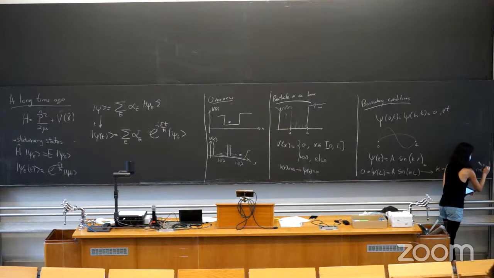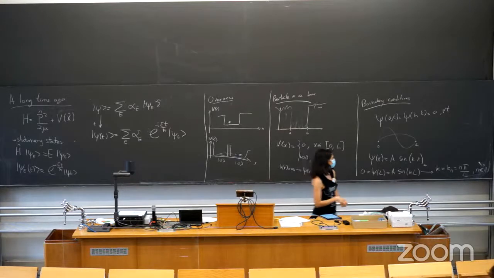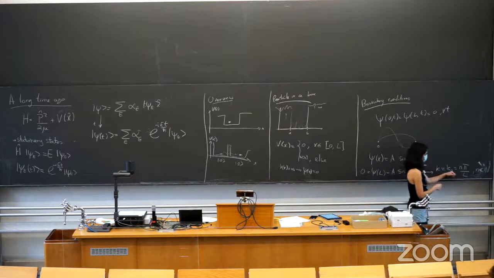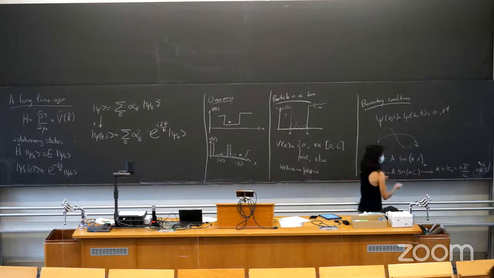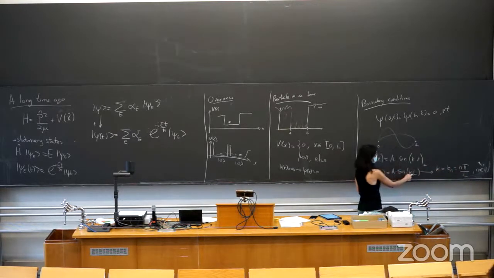So for all n that are natural numbers, if your k is of this form, then when we get here, you have kL, so you get just n pi, and sine of n pi is 0, right?